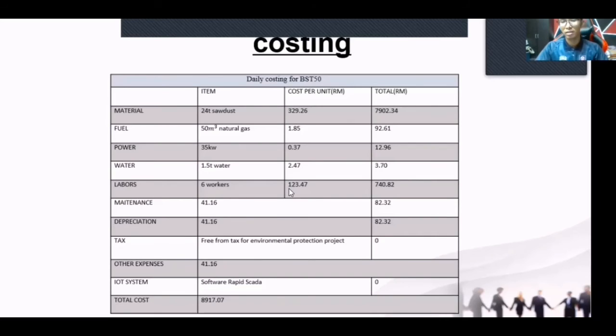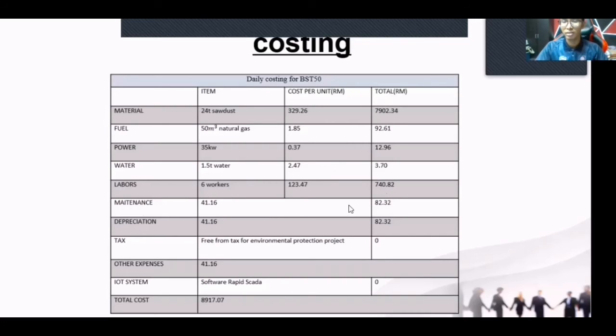So one worker we need to pay around 120 ringgit 47 cent, and the total is 740 ringgit and 82 cent. And for the maintenance and depreciation, this is the same.